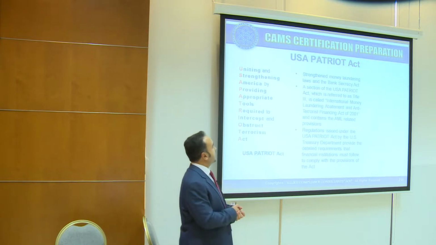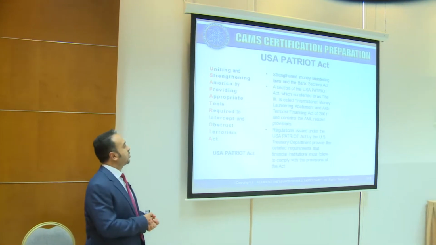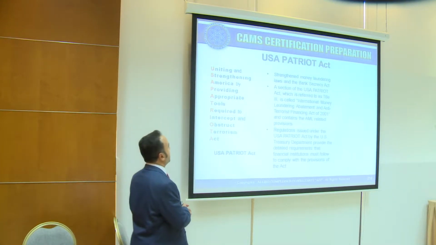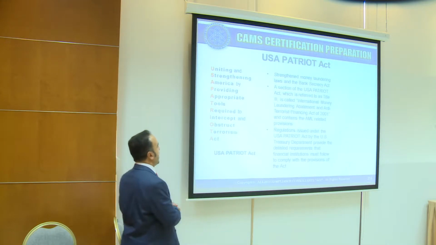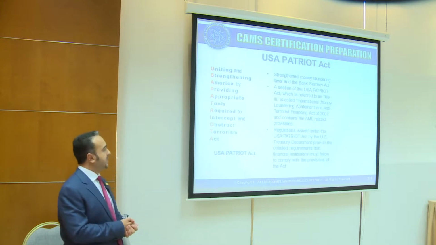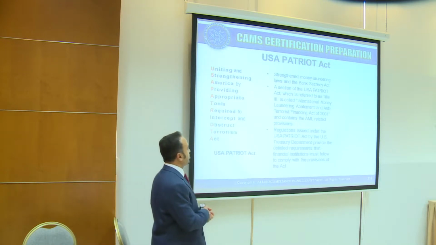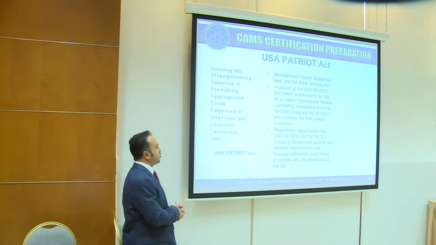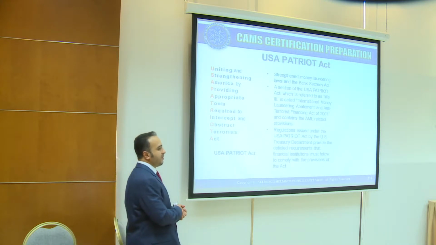A section of the USA Patriot Act which is referred to as Title III is called International Money Laundering Abatement and Anti-Terrorism Financing Act of 2001 and contains the AML-related provisions. Regulations issued under the USA Patriot Act by the U.S. Treasury Department provide the detailed requirement that financial institutions must follow to comply with the provisions of that act.